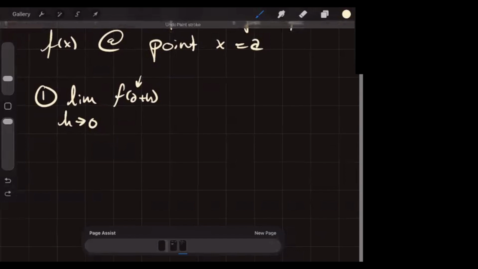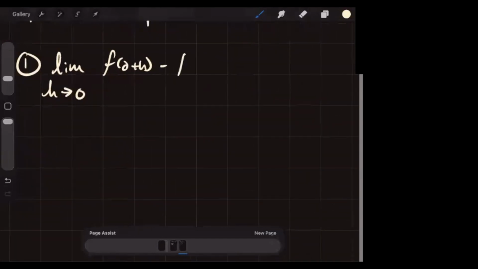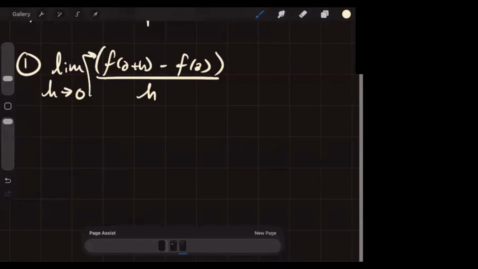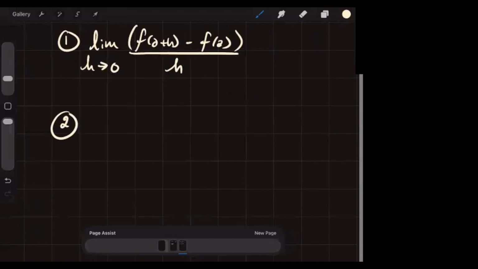And so you're taking that approximation like we talked about in the previous video, minus f of a, the whole thing over h, and it's the limit of this whole thing. Alternatively, f prime a. They're the same thing. That's the instantaneous rate of change.